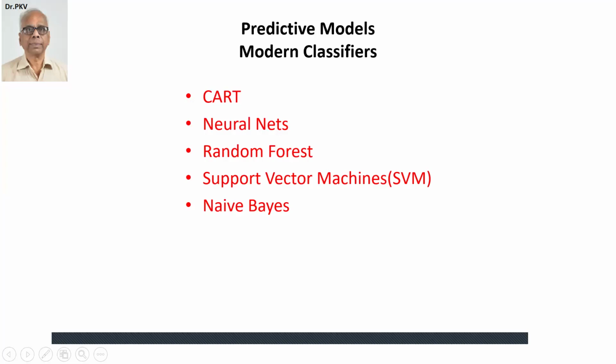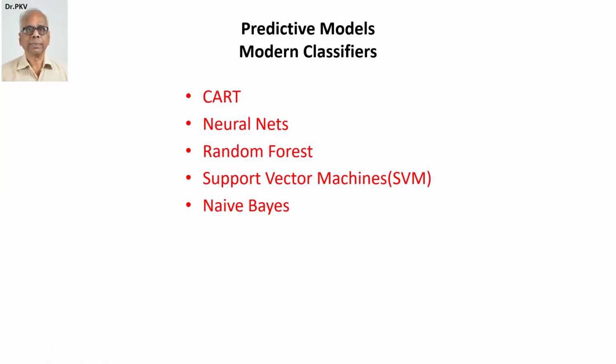So what I'm trying to say is, broadly, the predictive models that are widely used are multiple regression analysis. When there is dummy coding, it will be dummy regression, multiple regression. And when the grouping variable is categorical or the target group is binary, in which case you use logistic regression or discriminant analysis. For more than two classes, we use multiple discriminant analysis.